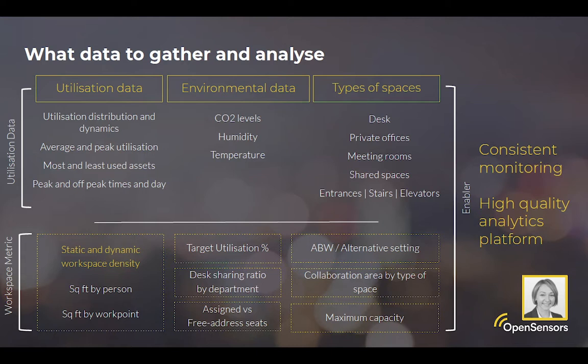The first is that monitoring needs to be consistent and continuous, so you have a thorough data set that is reliable, and you can be sure that your data is really representative of whatever patterns you observe in your space. And the second key enabler is a powerful and preferably intuitive and simple-to-use analytics platform, which allows you to process the data and trends, visualize it, and present it even to the C-suite, especially when you work on portfolio level.